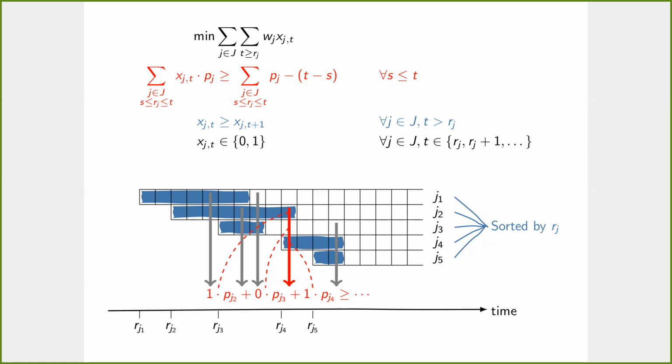So each of the vertical rays has a certain right-hand side, and it needs to be covered by having enough of the blue bars intersect with it. Okay, I will repeat the problem in a few minutes.